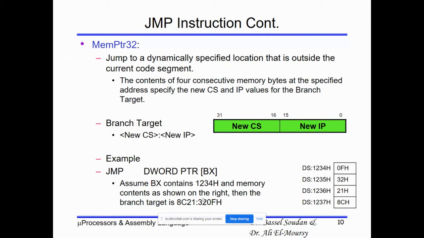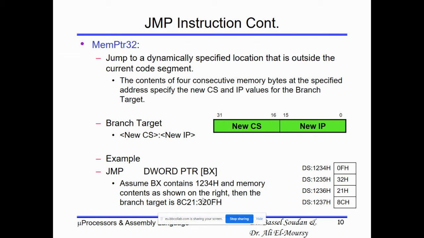As we mentioned, the jump instruction can also be done as a far jump. If I'm using a far jump, that means I'm looking for not only 2 bytes of offset, I'm looking for 4 bytes: 2 bytes for offset and 2 bytes for segment.